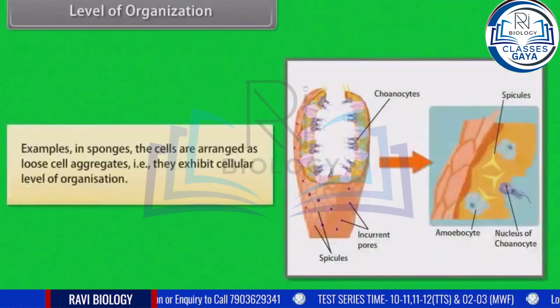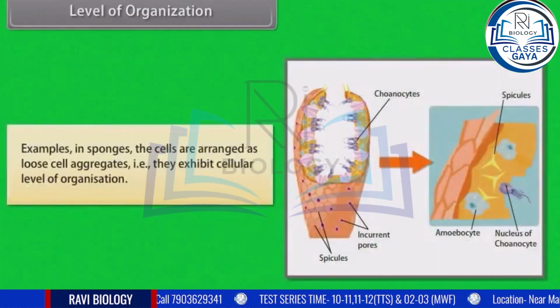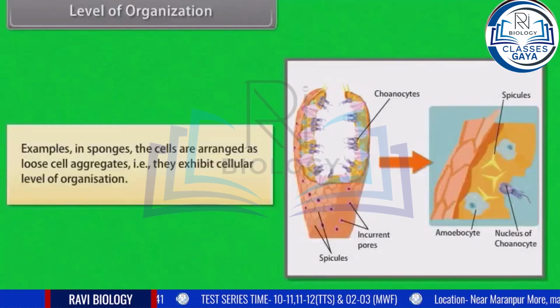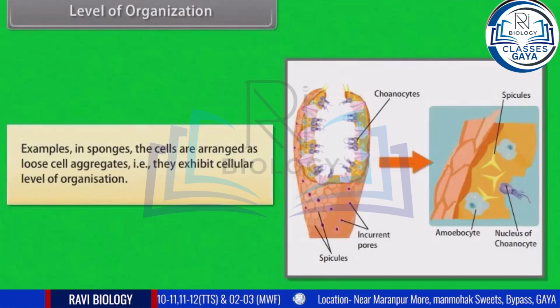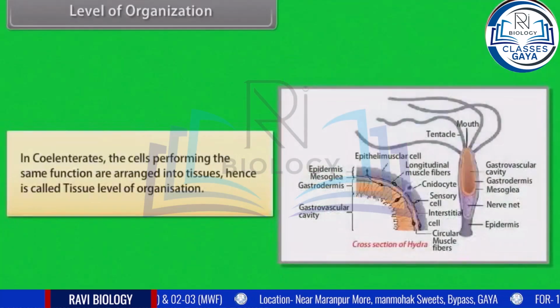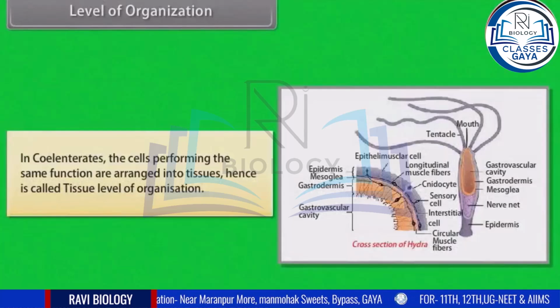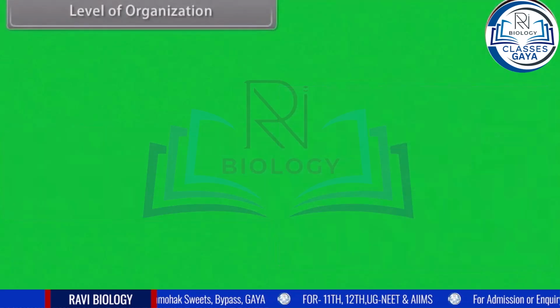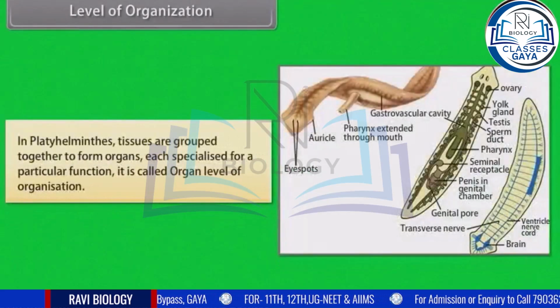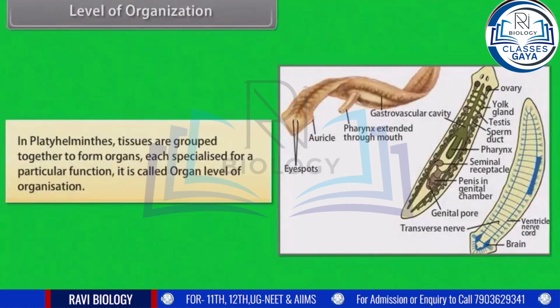Examples: in sponges, the cells are arranged as loose cell aggregates, that is, they exhibit cellular level of organization. In coelenterates, the cells performing the same function are arranged into tissues, hence it is called tissue level of organization. In Platyhelminthes, tissues are grouped together to form organs, each specialized for a particular function.